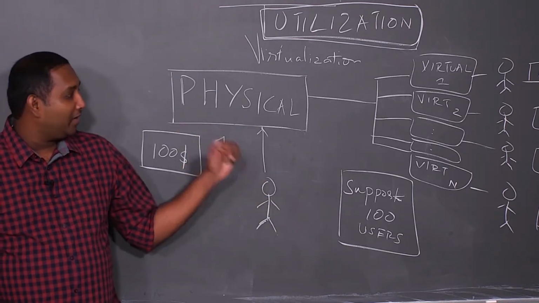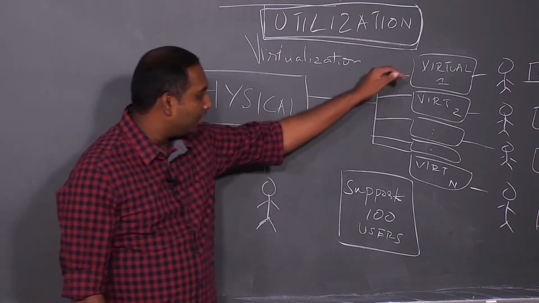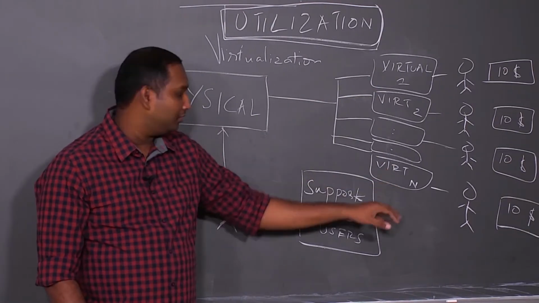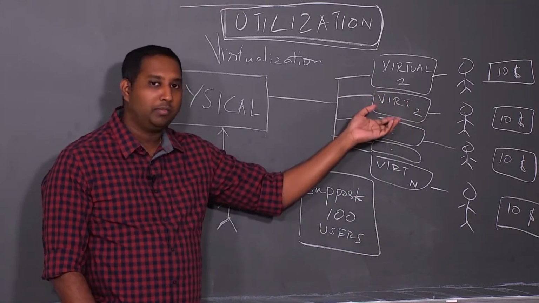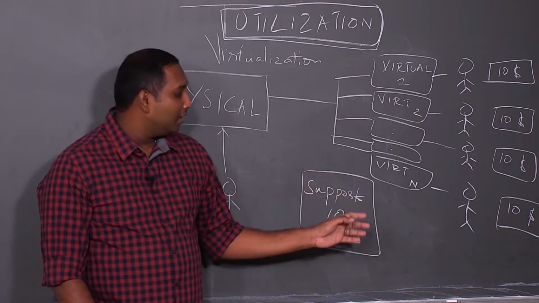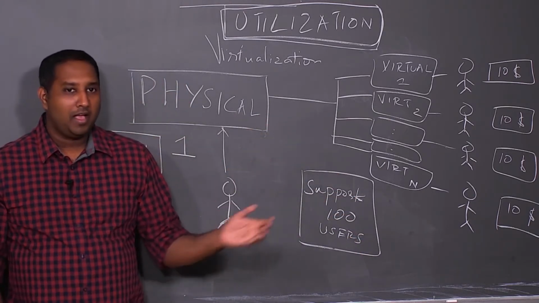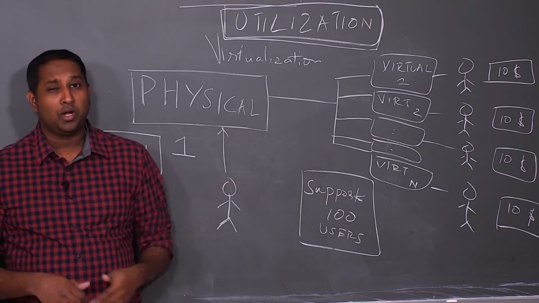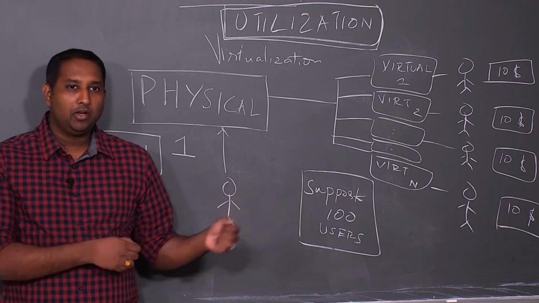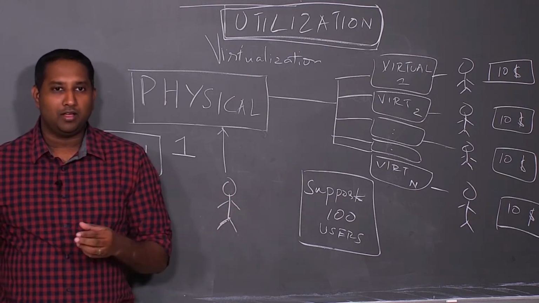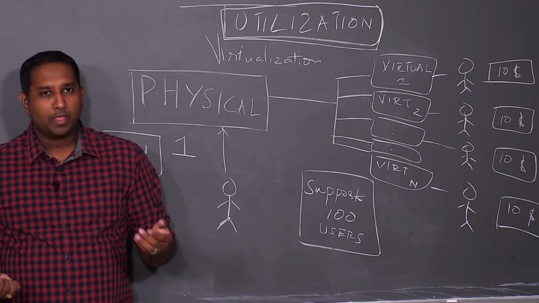Whereas if you virtualized your resource, and there are a number of these virtual resources, and you can support 100 of them at a time, each user paying $10 per hour to use these things, now you can see that your resource is fully utilized, and as the owner of this resource, you are now making more money, right? So higher utilization now directly means more money for the owner of the physical device, right?